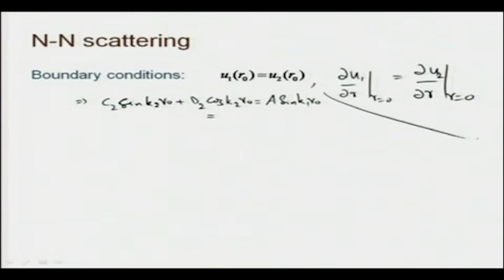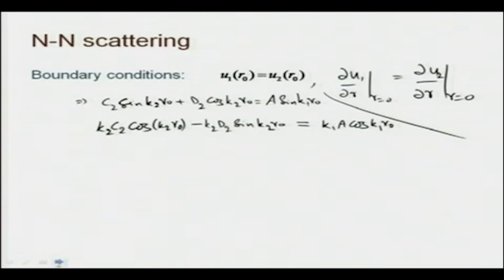This is from equating u 1 and u 2 at r equal to r 0, and when we take the derivative, that will bring out k 2 here, and then you have C 2, sin will give you cos after differentiating. So, cos k 2 r 0 minus k 2 d 2 sin k 2 r 0, and this should be equal to k 1 a cos k 1 r 0. So, these are the two boundary conditions.